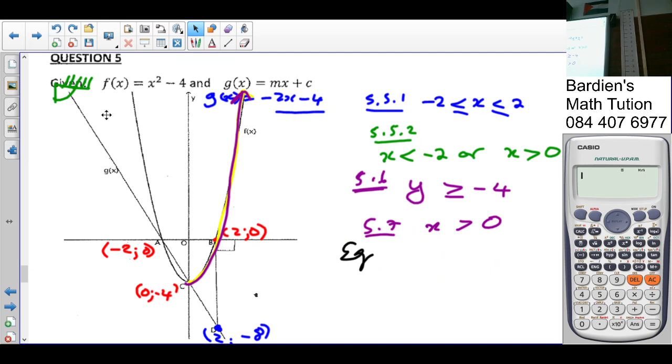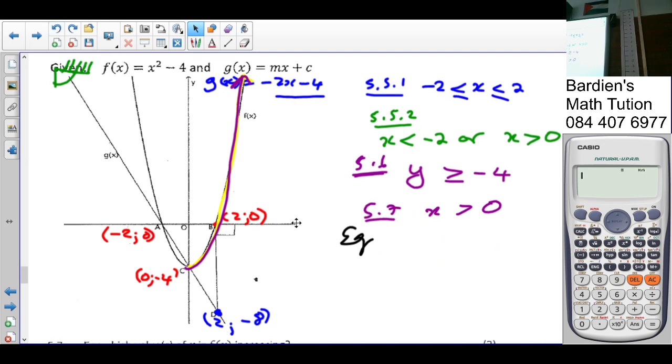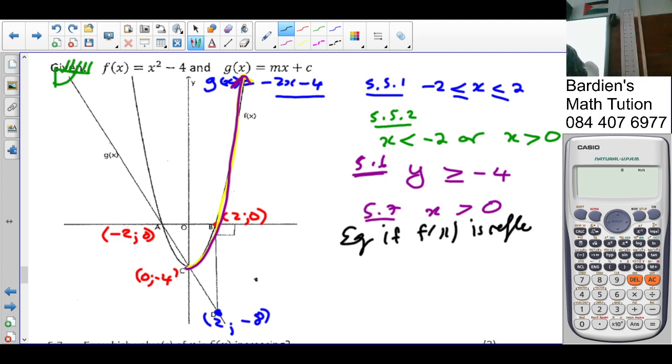The next question is, what is the equation if f of x is reflected in the x-axis? Y becomes negative.